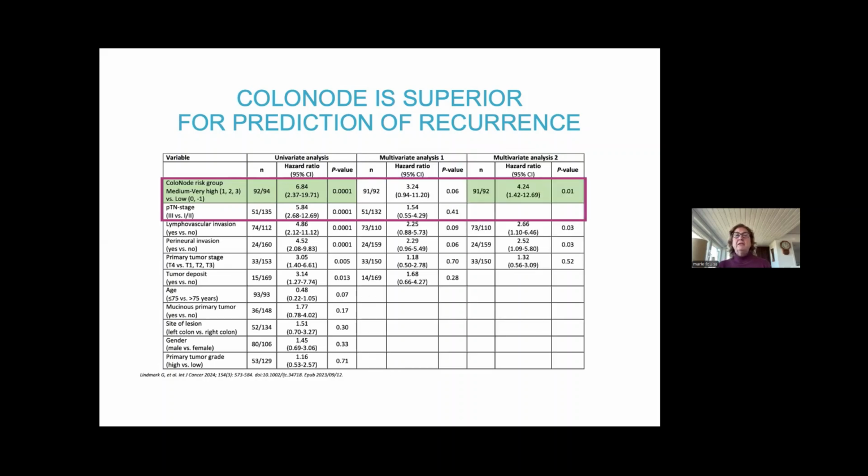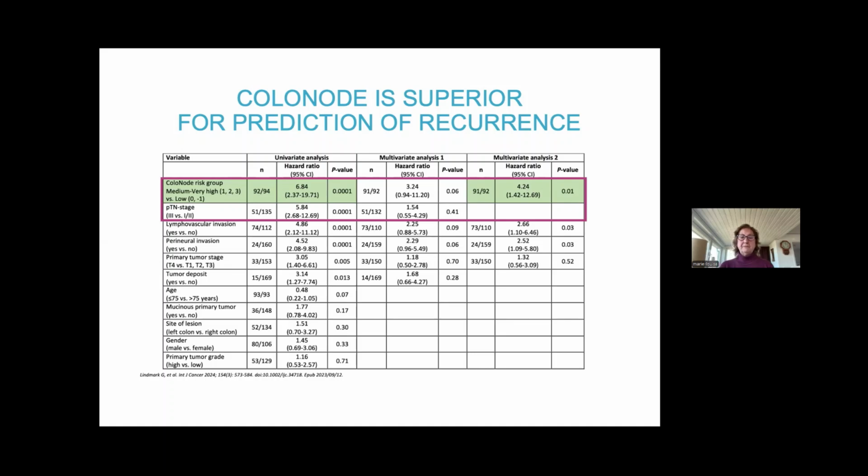Then we went further from univariate to multivariate analysis. In the multivariate analysis, standard histopathology totally lost its significance, and it turned out that ColoNode still was significant with a hazard ratio of 4.24, and there were independent but significant hazard ratios also for lymphovascular invasion in the primary tumor and perineural invasion.